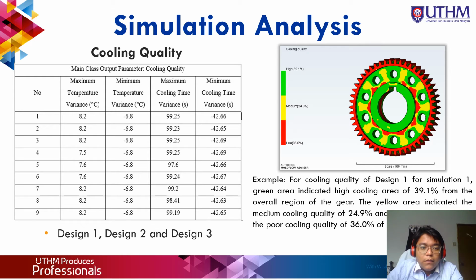Based on the table, as we can see the maximum temperature variance, the highest one is 8.2 degrees Celsius. For the minimum temperature variance, it is all the same, negative 6.8 degrees Celsius.